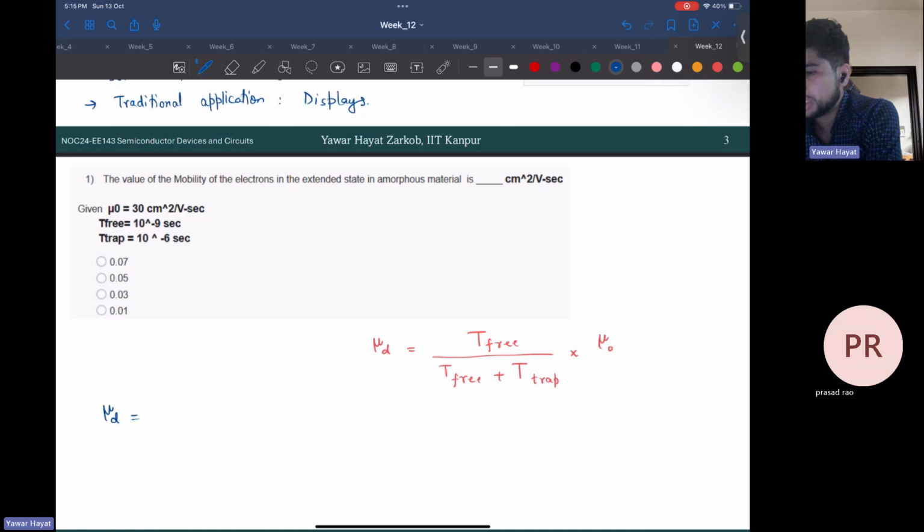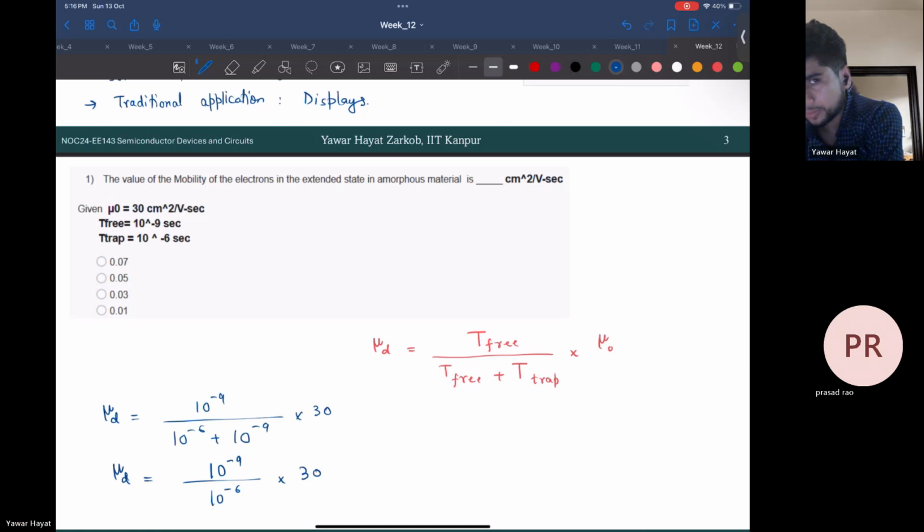So this mu d would be 10 to the power minus 9 whole divided by 10 to the power minus 6 plus 10 to the power minus 9, into 30, right? And that would mean our mu d is equal to 10 to the power minus 9 whole divided by 10 to the power minus 6, into 30, right?